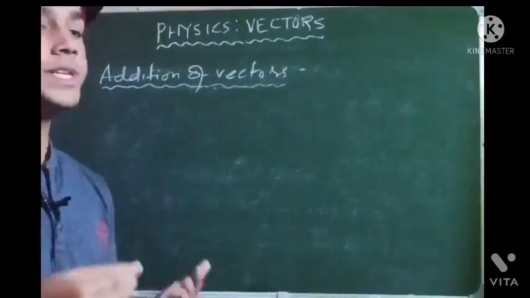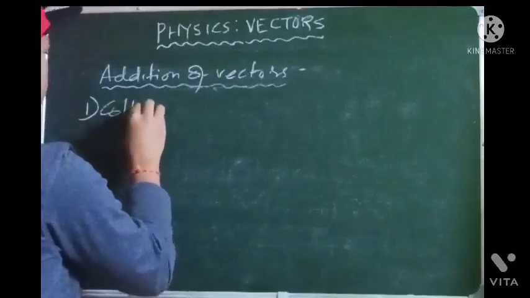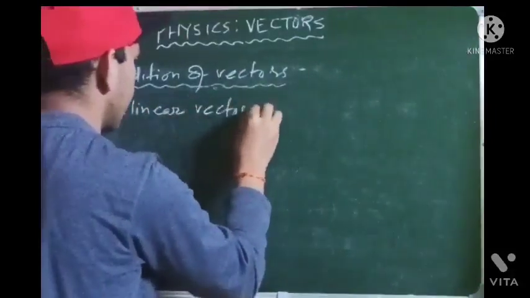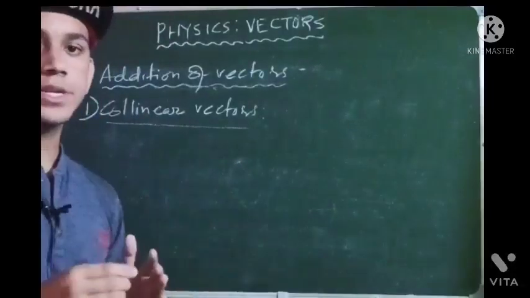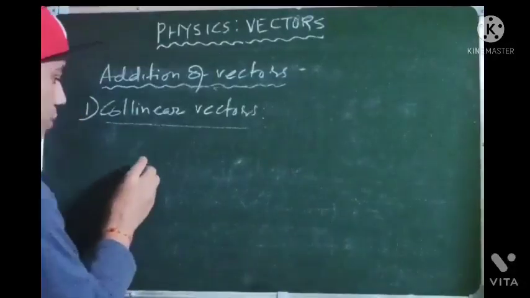The first case is addition of collinear vectors. Collinear vectors means the vectors having same direction or opposite direction.